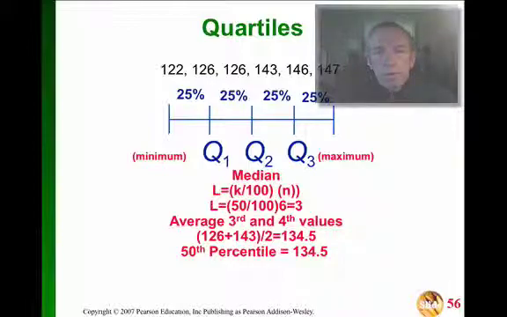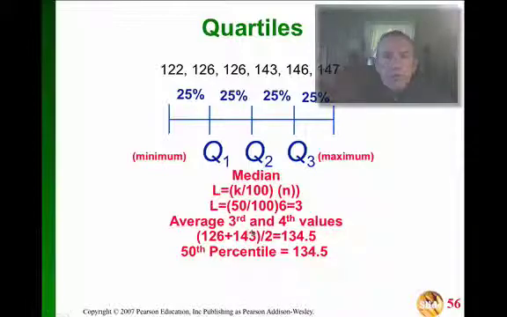We want 50% below and above for a median, or Q2. So 50 divided by 100 times 6 equals 3. And our rule is that when we get a whole number, we take the third and fourth values together, average them, and come out with 134.5.